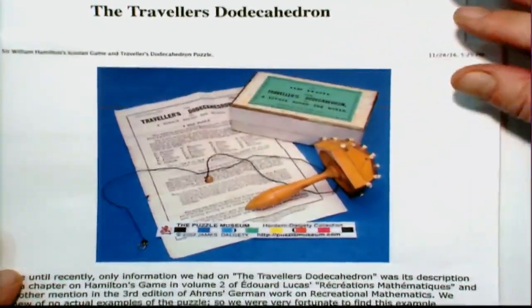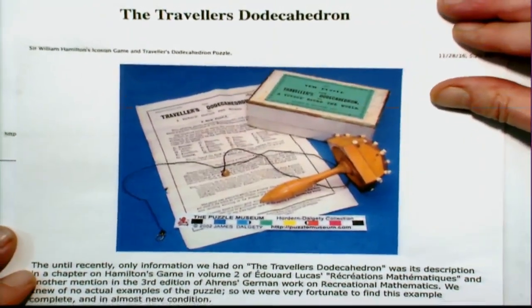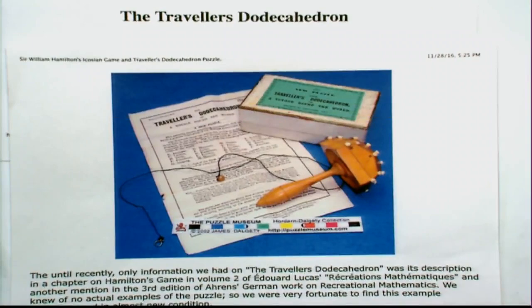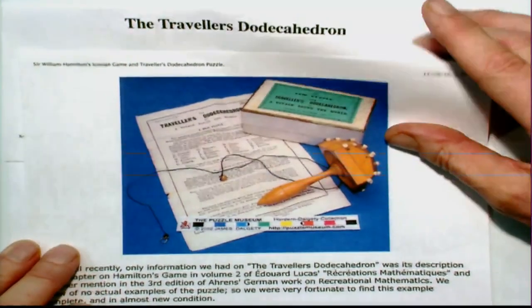Well, I can show you something else before I go on. There's also something called the traveler's dodecahedron. So Hamilton did know about the dodecahedron, and they had this other puzzle that is very rare. But you can find this stuff online.